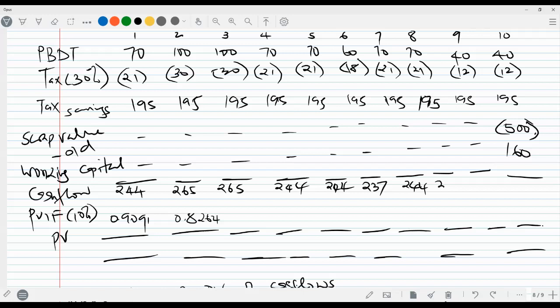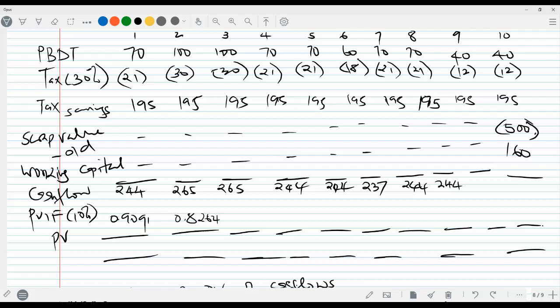Then year 8, 244. Year 9, 244. You have seen where the problem is?